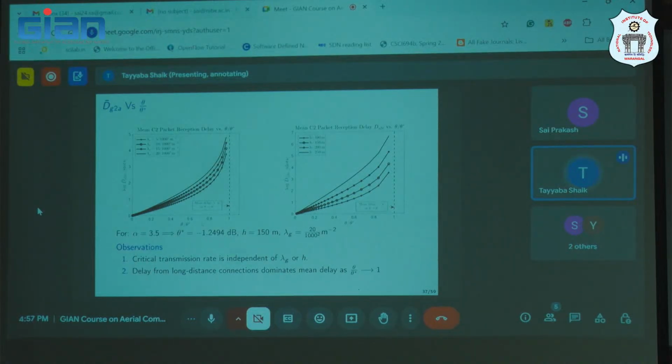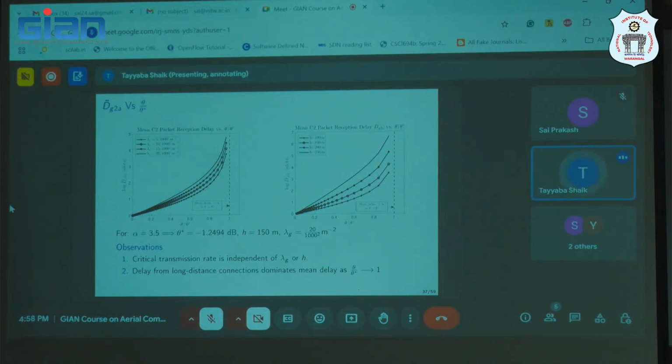The main background here is that if there are so many links with large distances, or so many large links, then you are more likely to see an infinite mean delay. That's an intuitive understanding of it. And this threshold theta star, after which the mean delay is infinite, is purely a function of the path loss exponent.